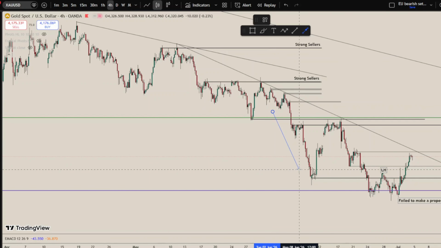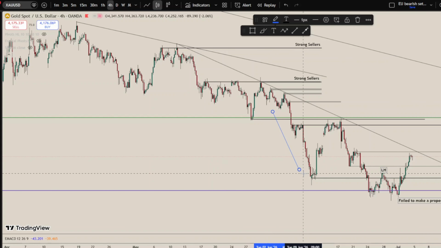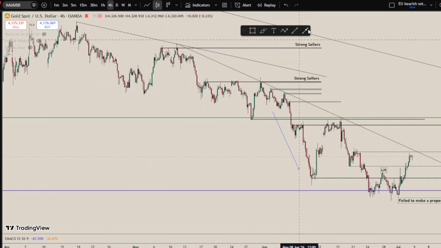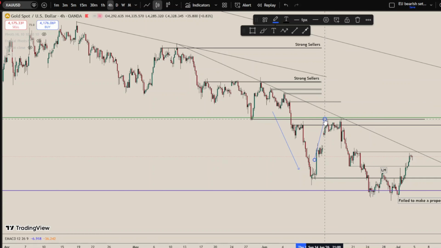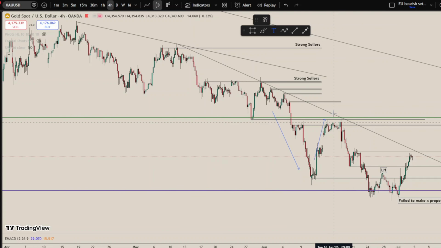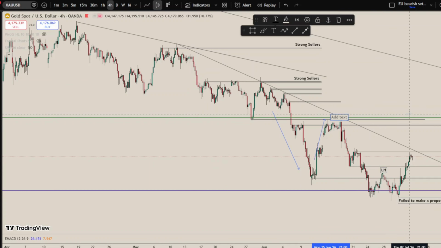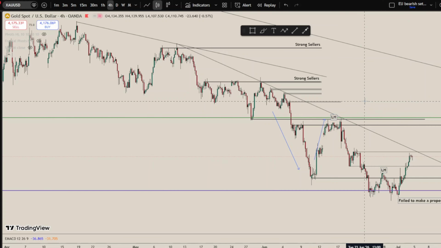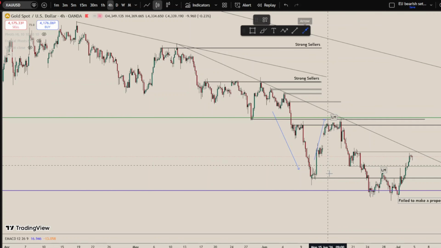So what I was telling is that price broke below this level, made an indication, and then it made the correction, came to this level, and made the lower high. Let's label everything down. It made this lower high, and then started the continuation.